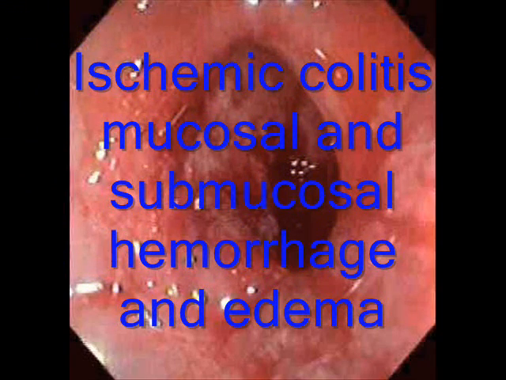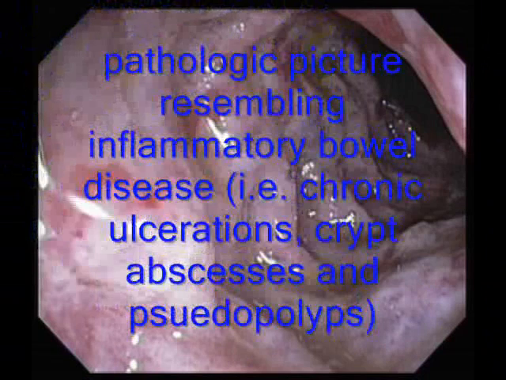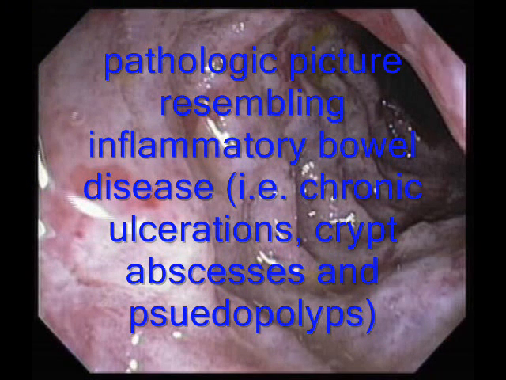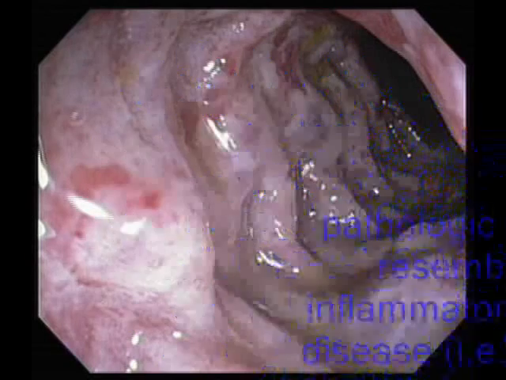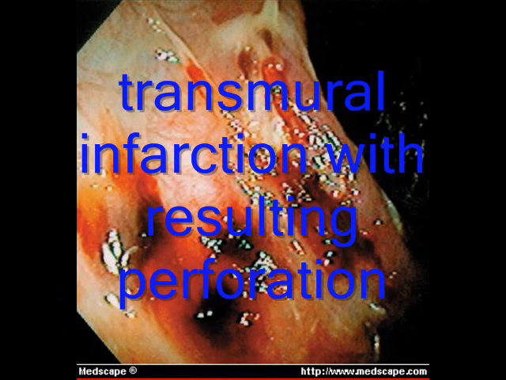The next one is ischemic colitis, which ranges from simple mucosal and submucosal hemorrhage and edema to a more severe pathological picture resembling inflammatory bowel disease, such as chronic ulceration, crypt abscesses, and pseudopolyps, to the most severe, which is transmural infarction with resulting perforation.